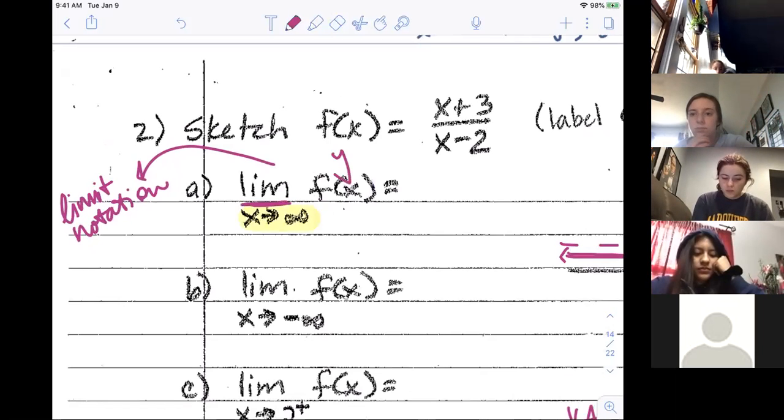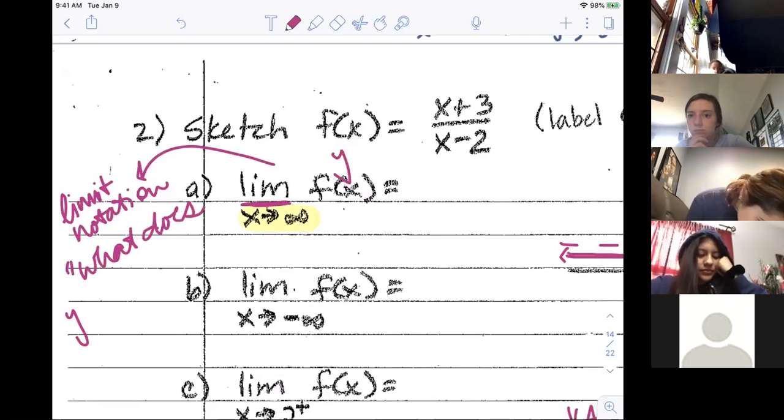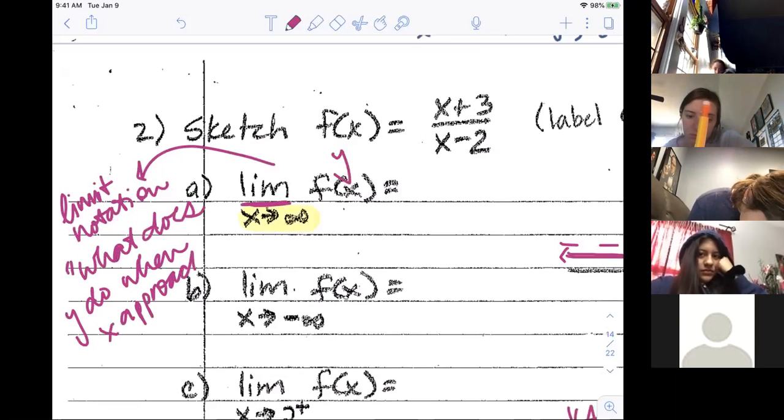You don't have to write down my verbiage, but this is what I physically think in my head: what does y do when x approaches, and this arrow means approaches or gets closer and closer to, whatever this number is? In our case, it's infinity. What is y doing when x gets closer and closer to infinity? Or as x gets bigger and bigger, as x approaches infinity.